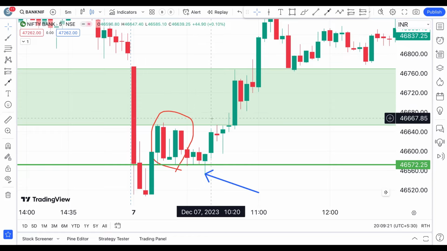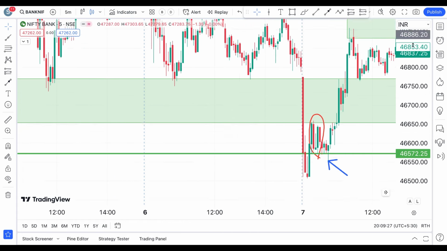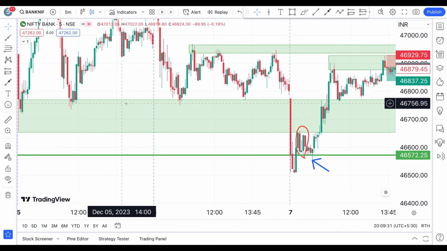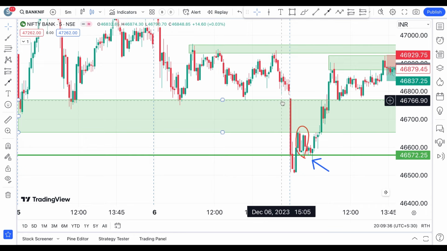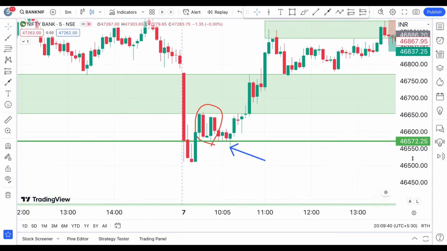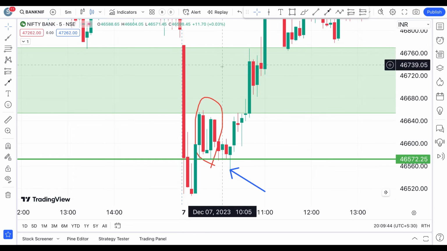Irrespective of this particular region towards the top, which might be a resistance, if you look at the chart on a bigger picture from the left, you see that this is a support zone which has been holding up pretty nicely for the last couple of days. But what has happened today is, irrespective of that support area, prices are coming from the bottom, so now this becomes a resistance area.